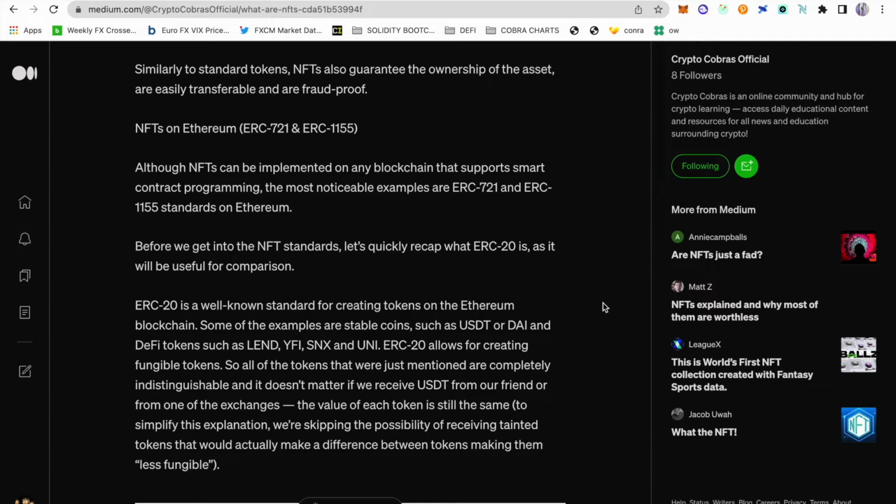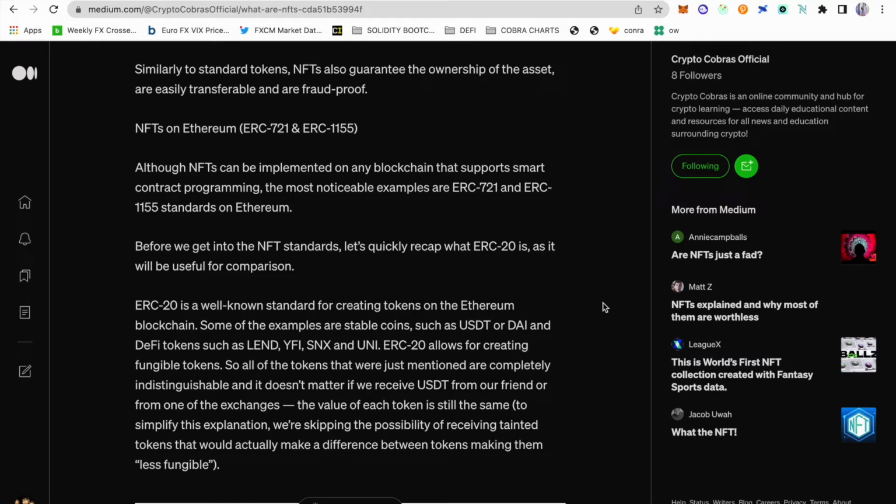NFTs on Ethereum: ERC721 and ERC1155. That's the layer that you'll find NFTs on Ethereum. Either they're ERC721, which was created by the Ethereum Foundation, or they would be ERC1155, which was built by Enjin, a big gaming company.